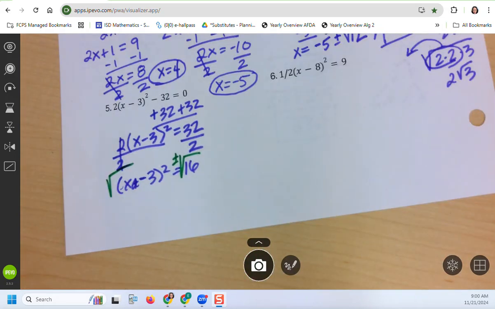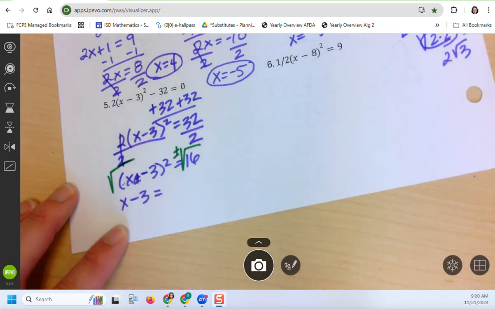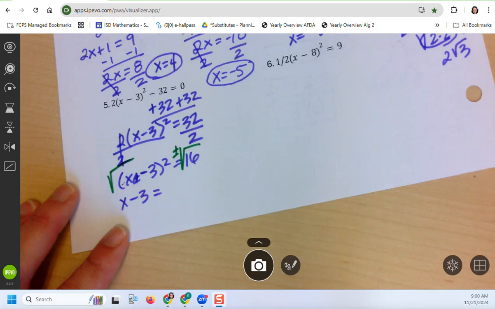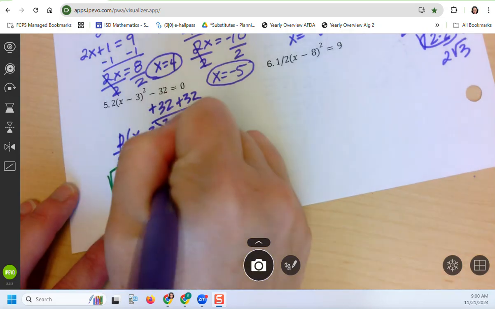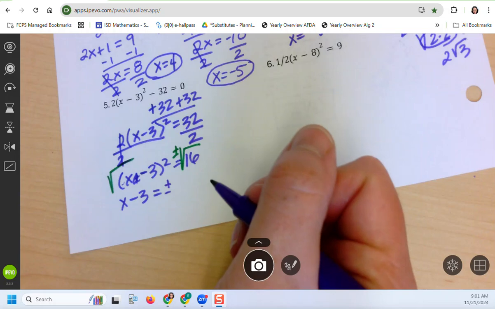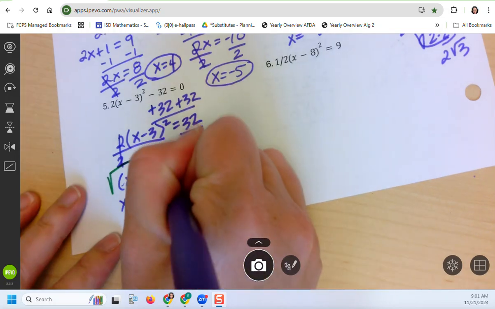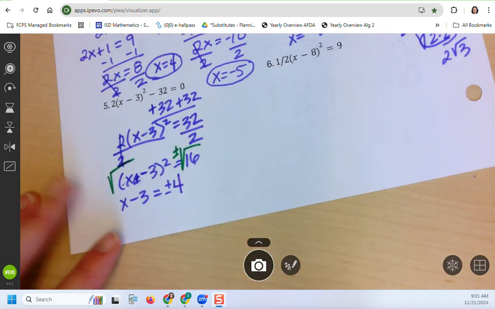Okay, so then on the left side, I would have x minus 3. And then what do I have on the right side? Good. What is the square root of 16? Right.